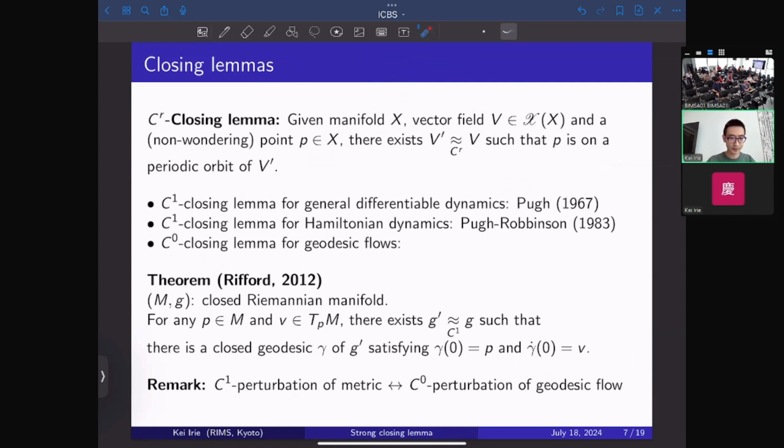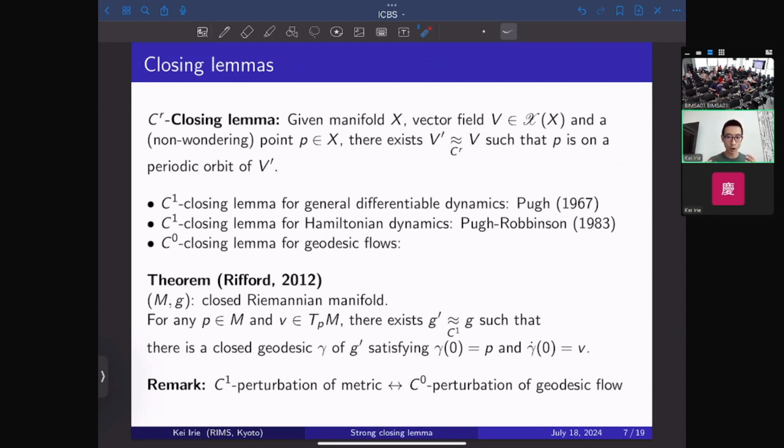Then in this setting, the C^r closing lemma says that there exists a vector field V' which is C^r close to V, and p is on a periodic orbit of V'. So shortly speaking, the C^r closing lemma says that we can create a periodic orbit passing through a given point by a C^r small perturbation of a given flow.